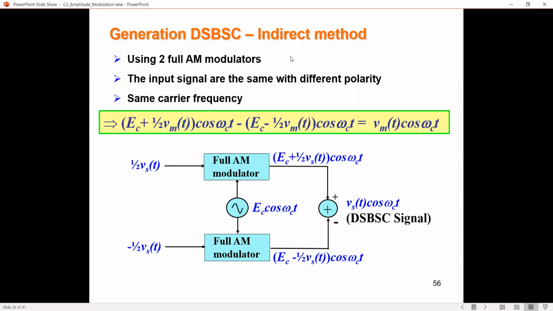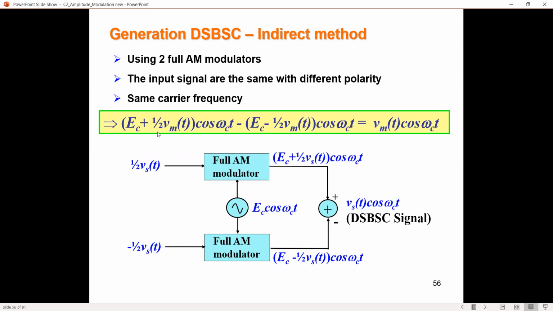Okay, so for the indirect method with double sideband suppressed carrier, we use two full AM modulators. The input signal is the same, but one of them will be inverted, with different polarity.